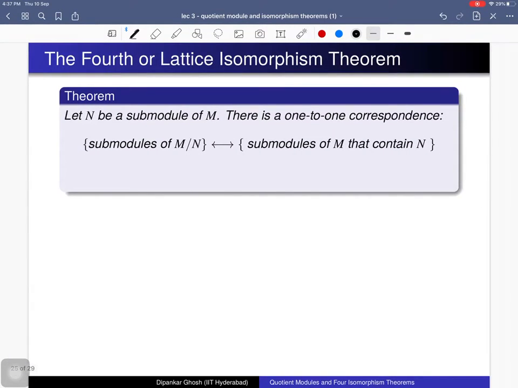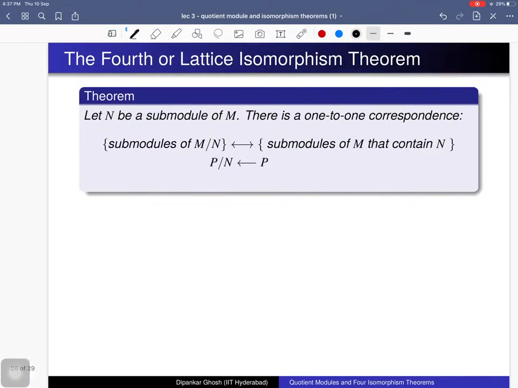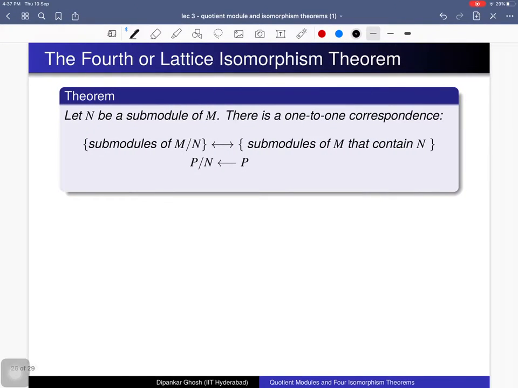Now this fourth isomorphism theorem, and what is that? So it says that you start with an R module M, and suppose N is a submodule of M. It gives a relation between the submodules of M mod N, that quotient module, and the submodules of M that contain N, and that is a one-to-one correspondence. So it is a bijective correspondence, and this correspondence will be given by this.